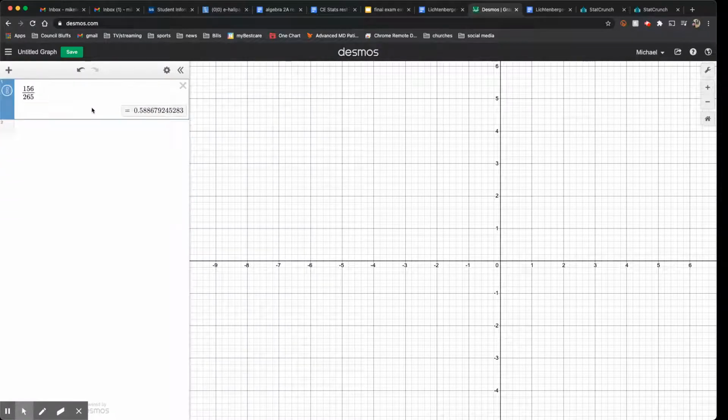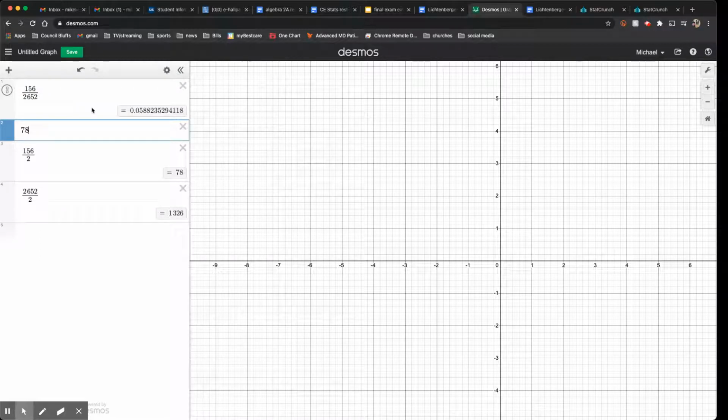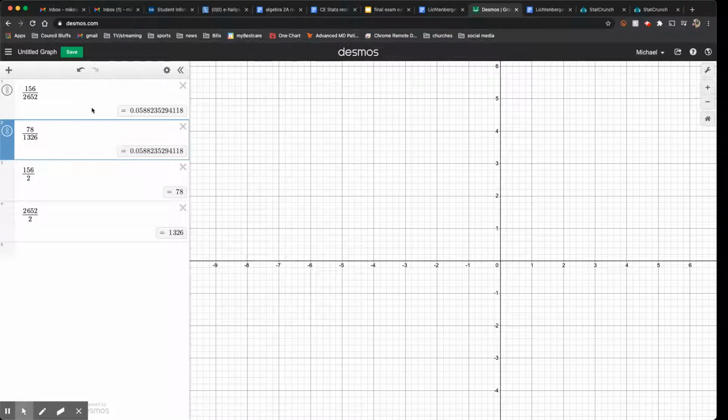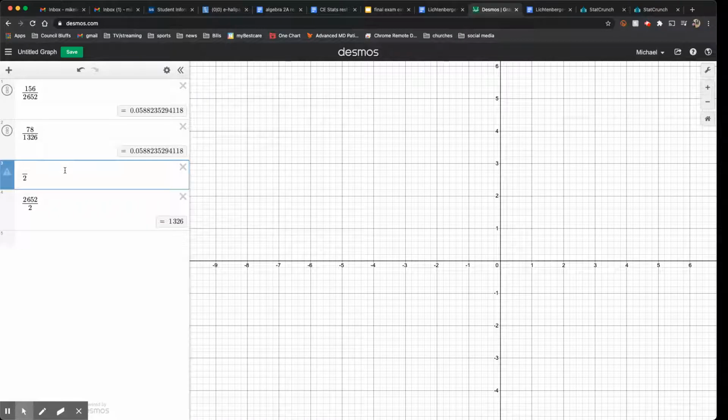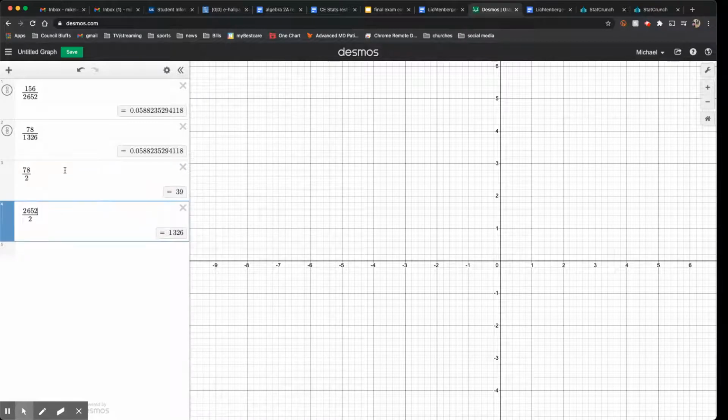So if I divide everything by 2, I get 78 out of 1,326. That is still not fully simplified because both of these numbers are even. So let's do 78 divided by 2 and 1326 divided by 2.